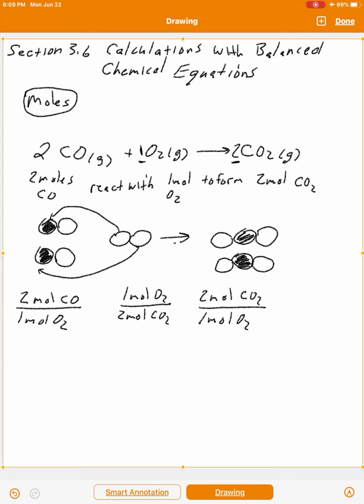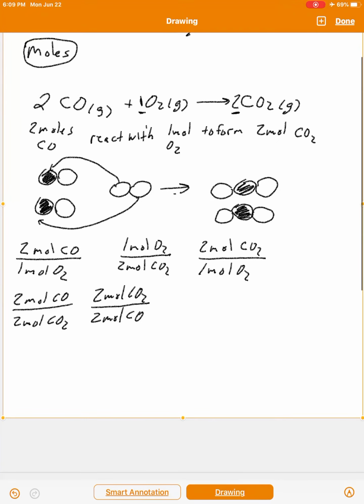What would the ratios be for that? Well, 2 moles CO divided by 2 moles CO2. Or 2 moles CO2 over 2 moles CO. Okay? The one that you'll want to use in your calculations, one of those two choices, depends on the context.